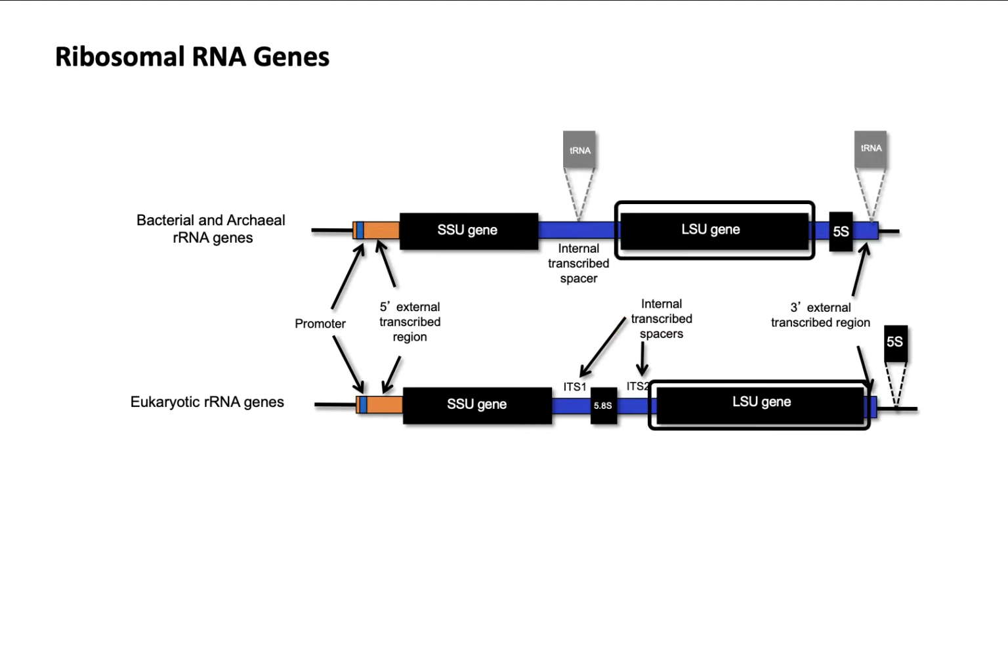And then there's the large subunit of ribosomal RNA. 5S is also there in bacteria. The 5S gene in eukaryotes can either be located here or in a different part of the genome, and it's transcribed by RNA polymerase 3.